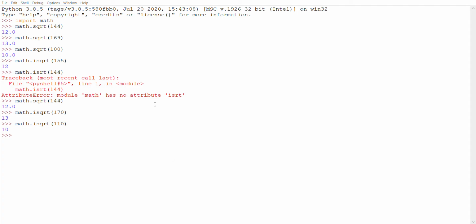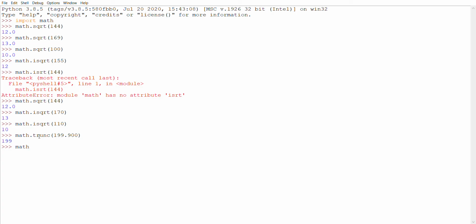Now we'll go with another mathematical function, trunc. It will do nothing but truncate the decimal or floating point values. Math.trunc, first go with a positive value with decimals, enter. See, it truncated the decimal value after the dot.